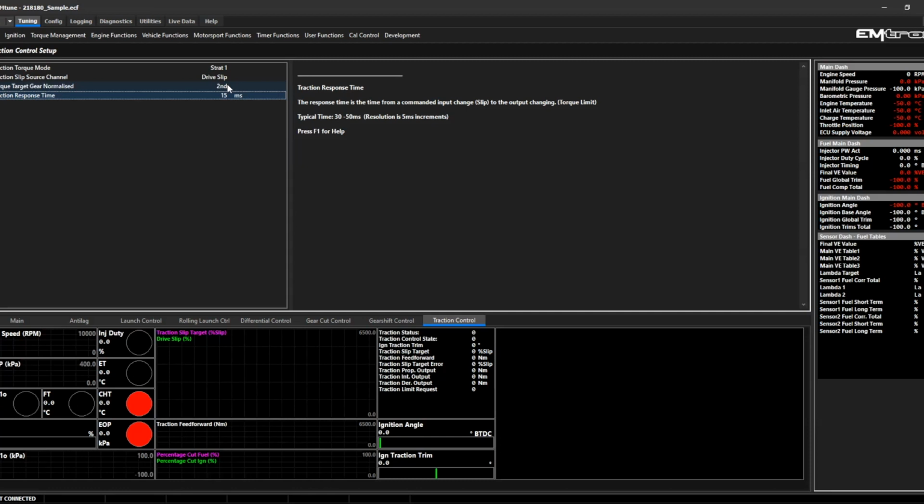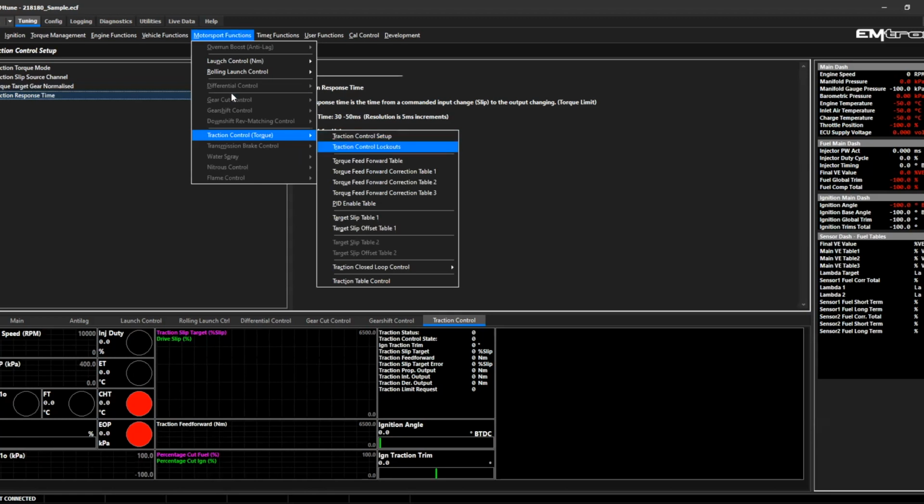You could turn the engine off during high wheel speed, high wheel spin, and it's not just going to instantly go back to 0% slip. That's impossible. So this is added into the calculations to account for that.